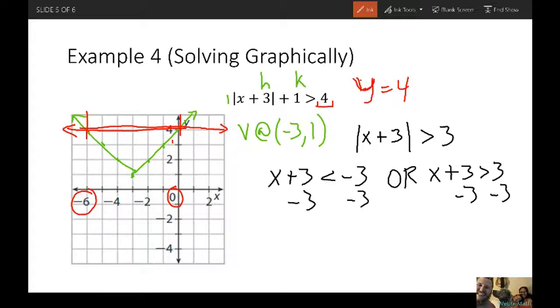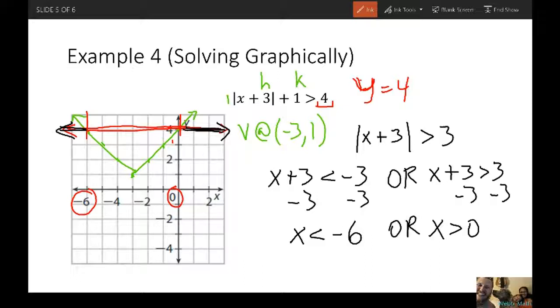Okay, so you have on the left hand, x is less than negative 6, or x is greater than 0. And that makes sense because it's an or statement, so it's going to be existing somewhere over here, okay, or somewhere over here on your x, okay?